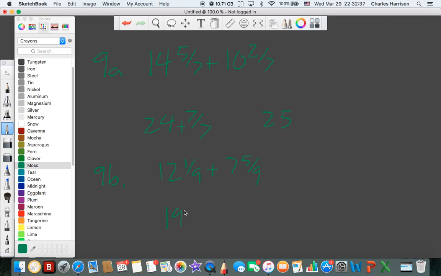And then we want to take the 5 plus the 1, and we can do that because the 9s are the same. They share a common denominator. And so that turns into 6 ninths, like so. All right, and then we can reduce the 6 ninths. 3 goes into both of those. And so we could change this to 19 and 2/3.